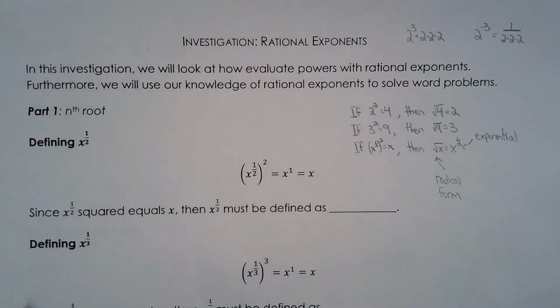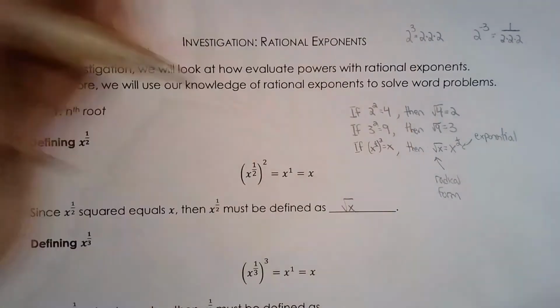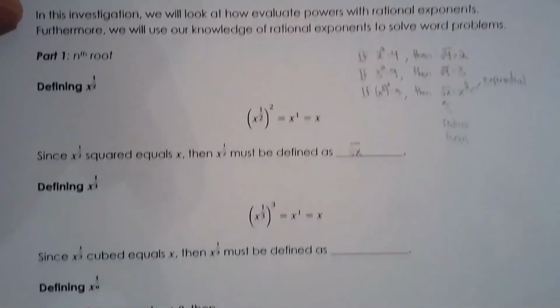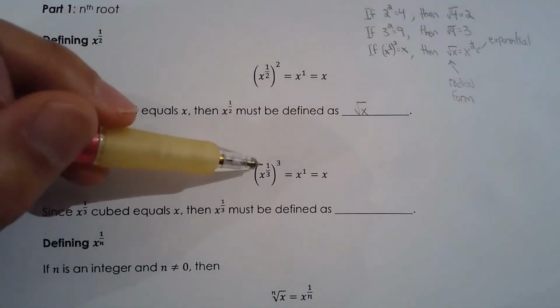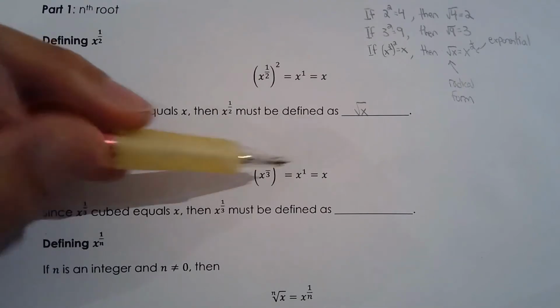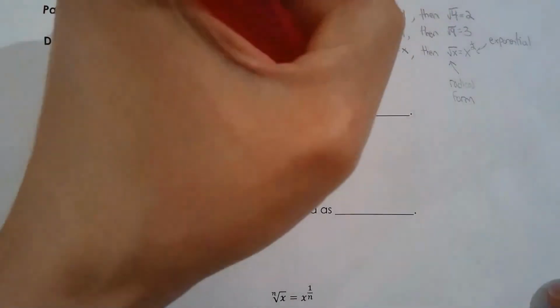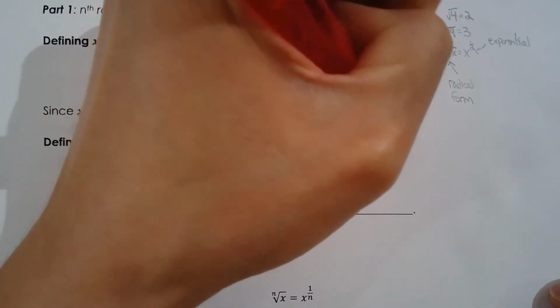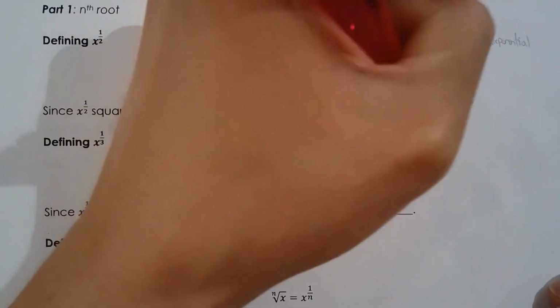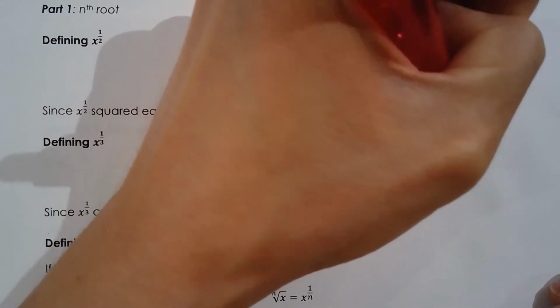So let's answer this question. x to the power of 1/2 is defined as root x. And you can actually keep going. If I have x to the power of 1/3 cubed, it's equal to x. Let's do one more. If 2 cubed is equal to 8, then cube root of 8 is equal to 2.